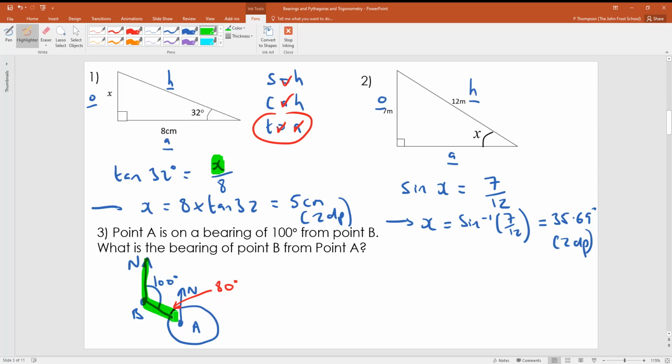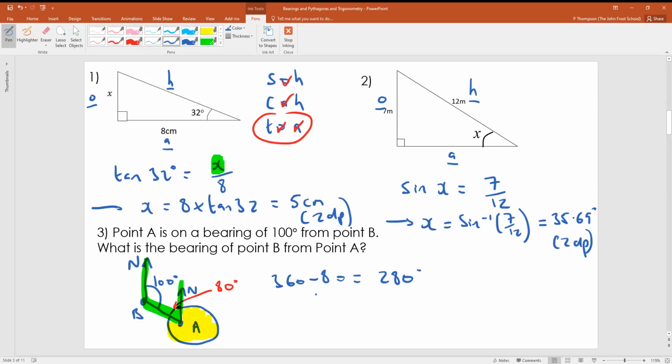Whenever you see this C shape here, the two angles inside the C add to 180. So that angle there is 80. And then to find the entire other angle, the one we want, the yellow bit, you would just do 360 take away 80, which is 280 degrees. A common topic in the exam, that one, so learn it, persevere.